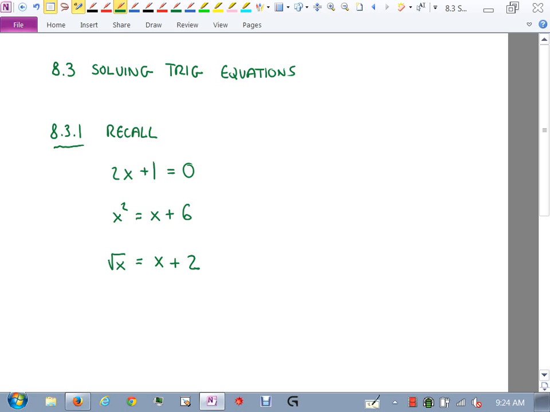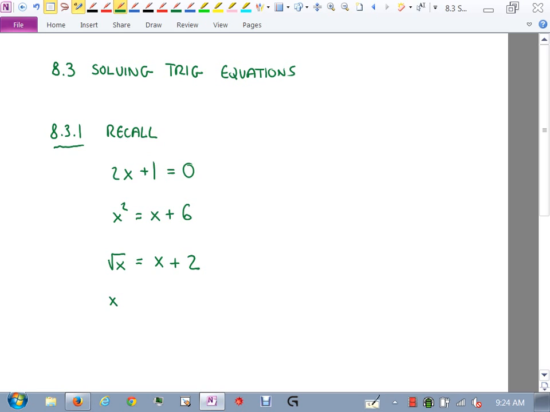Now you have a radical equation, with a square root in here. The technique for solving that is different than the two before it. Here you would have to square both sides of the equation, and then you would end up with a quadratic equation, and then you would try and solve that. But again, a different sort of approach than the previous two.